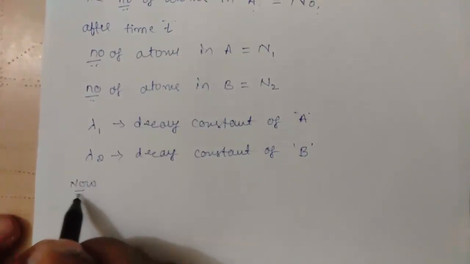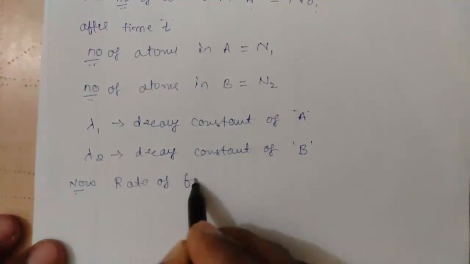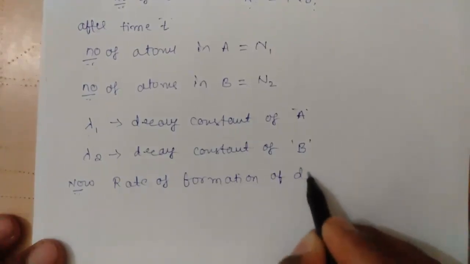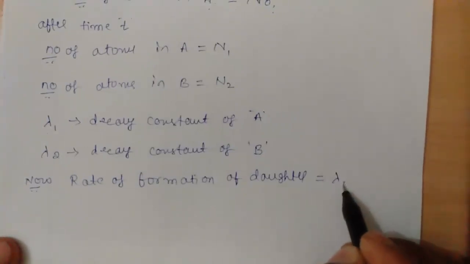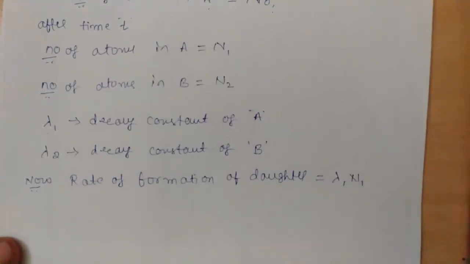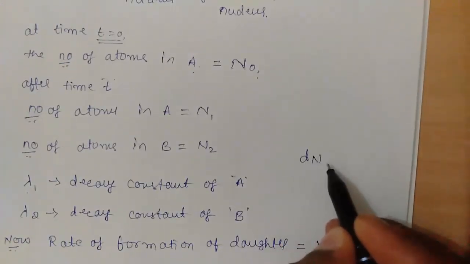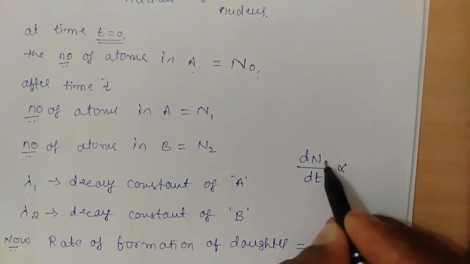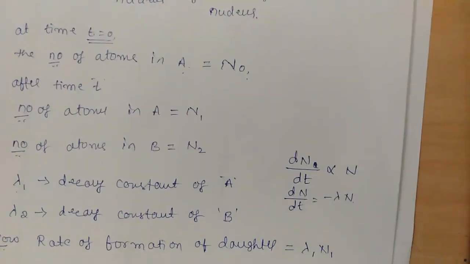Now let us consider, the rate of formation of daughter nucleus can be written as lambda 1 into n1. Got it, students? Why? Because from the decay law we can write that the rate of disintegration of a radioactive element is directly proportional to n, or dn by dt is equal to minus lambda into n.